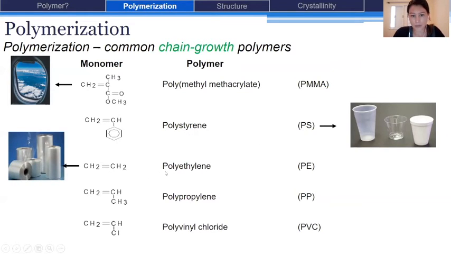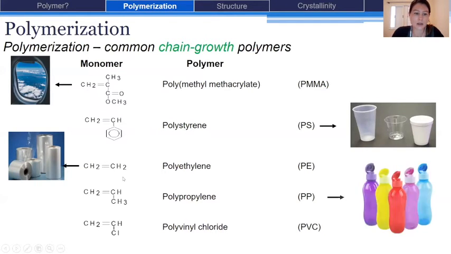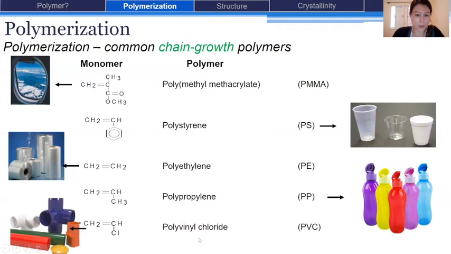Using ethylene, we obtain polyethylene, as we saw, so PE, that is used, for example, to create polymeric films. Propylene is polymerized into polypropylene, PP, and is used to create some containers for cosmetic or domestic usages. And finally, the last example, the polymer polyvinyl chloride, PVC, is used to create this kind of pipes.